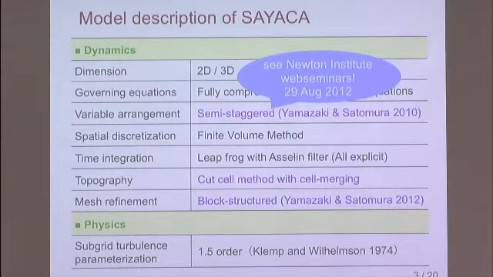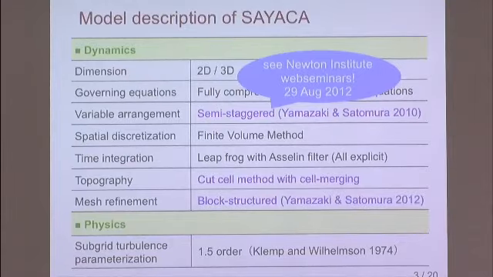I don't discuss this original semi-staggered variable arrangement today, but 3 weeks ago I gave a talk in this institute, and a video is available on the Newton Institute web seminars. So please have a look if you are interested.